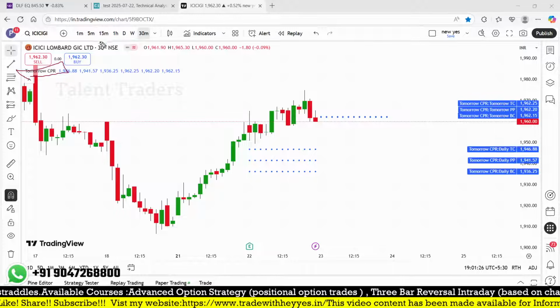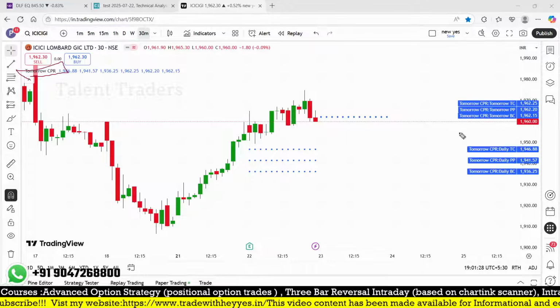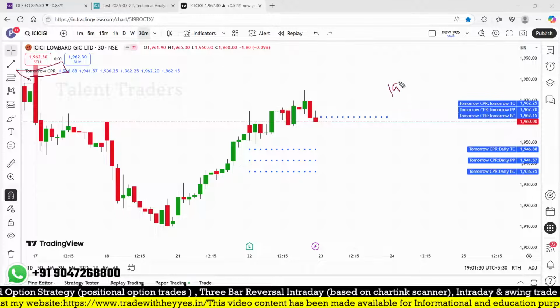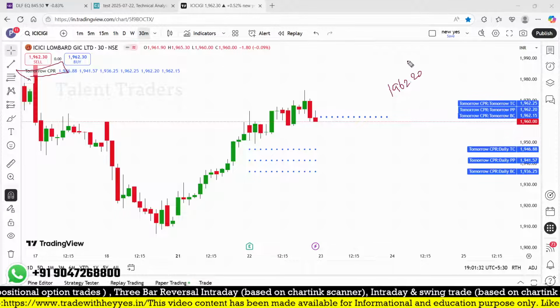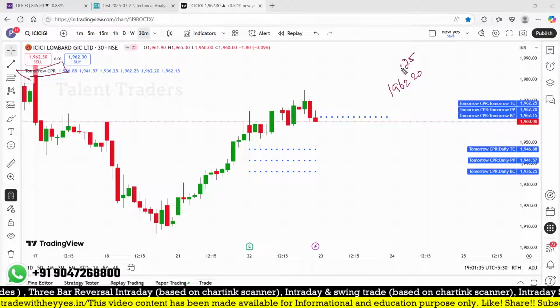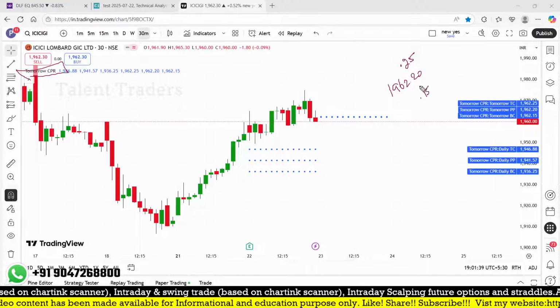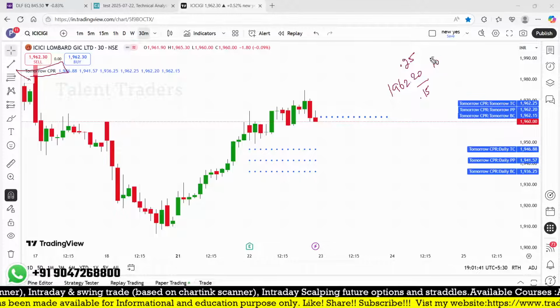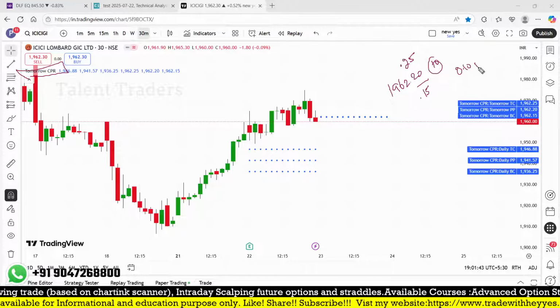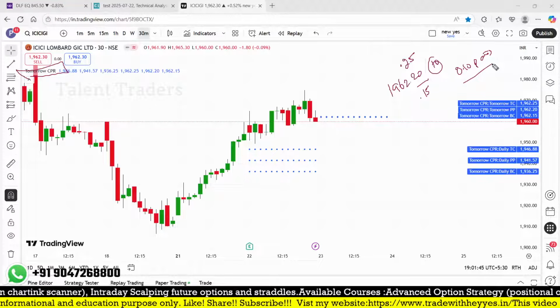Search the name tomorrow CPR and you can also use it. The pivot is 1962.20 and TC is 2.5, just a 5 paisa gap, and BC is 1.5, just about a 5 paisa gap. So the total gap is 10 paisa. That is a very close range.